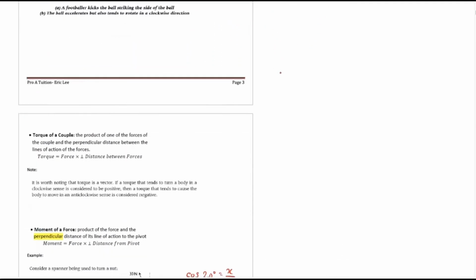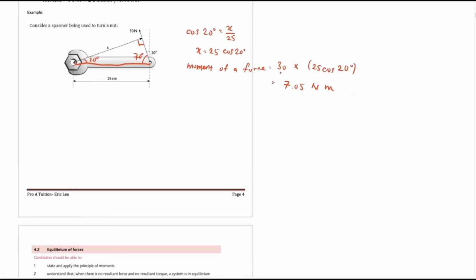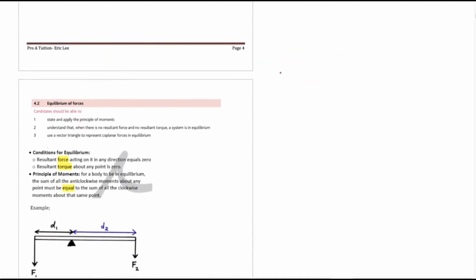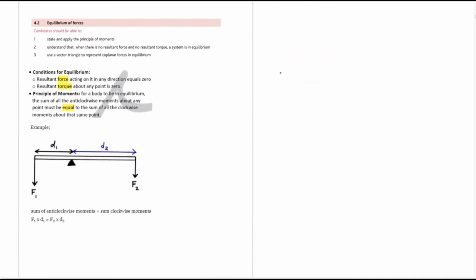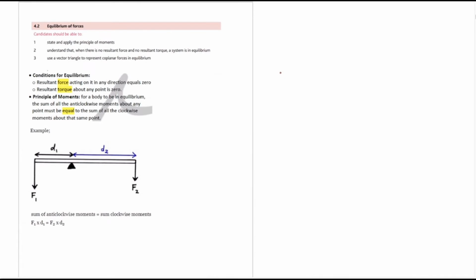Okay, then let's continue. Okay, we have done 4.1. So now 4.2. Equilibrium of forces. State and apply the principle of moment and so on. Resultant force, forces in equilibrium by using triangle. Okay, conditions for equilibriums.